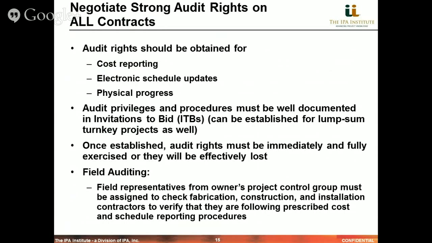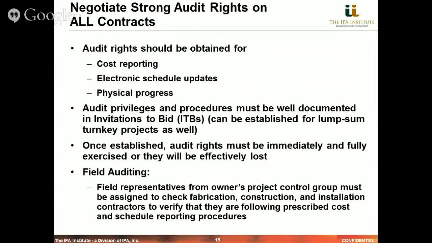And the issue is that they should be well documented in the invitations to bid and can be incorporated for any type of project. And once these audit rights are established, they must be exercised immediately. We cannot fail to collect that information, and then suddenly when the project's facing problems, ask for it later.